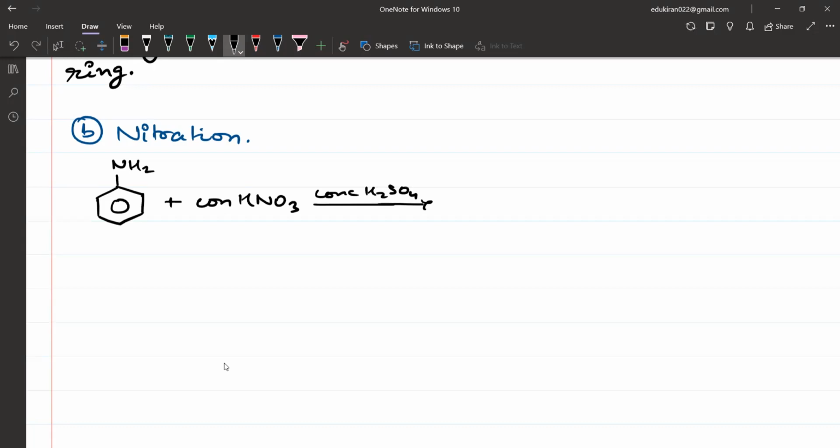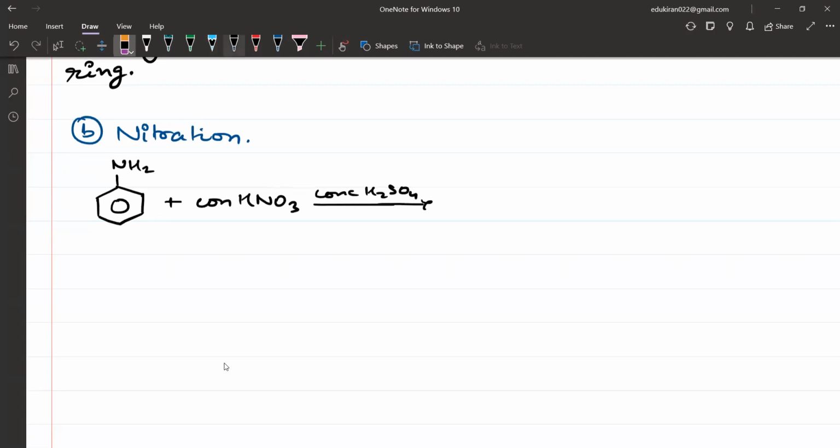Now we have plenty of H plus in the solution, in the container where this reaction is happening, because it is a completely acidic condition. So what will happen to the nitrogen atom's lone pair? This can also attack the H plus ion here.